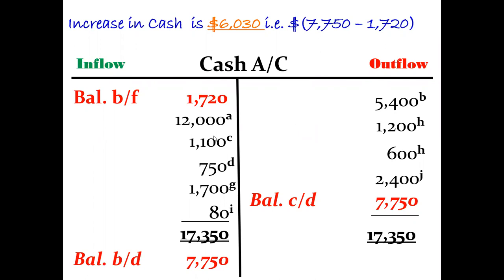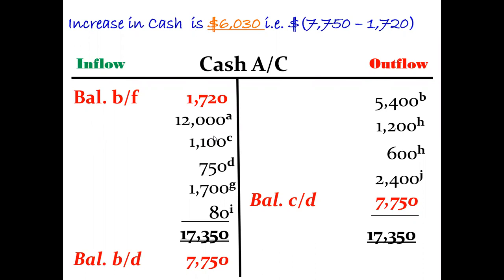Let's remind ourselves, operating relates to our core activity. And we said we could really use the income statement to guide us. So if we talk about revenue, what's coming from our customers, what we pay out to our suppliers, what we paid out in terms of expenses, like wages and salaries, like rent, like utilities.